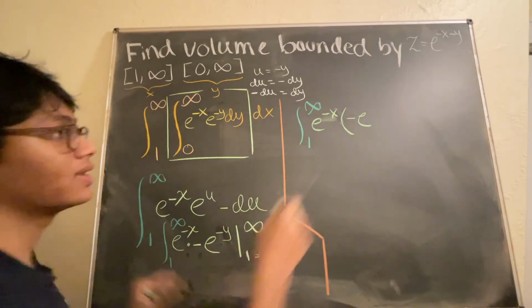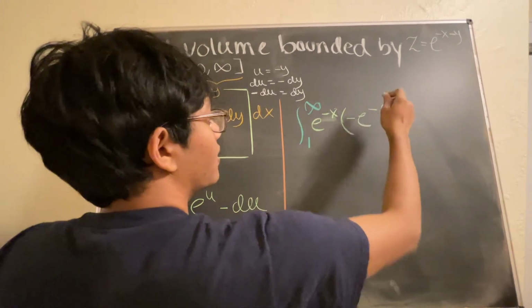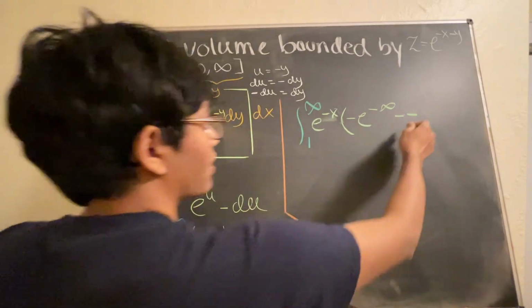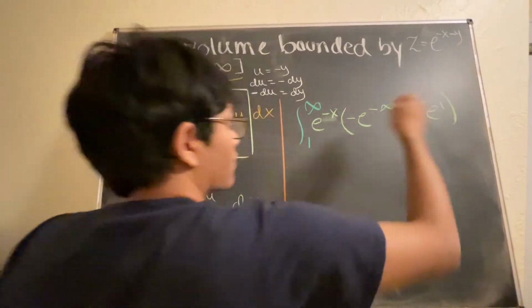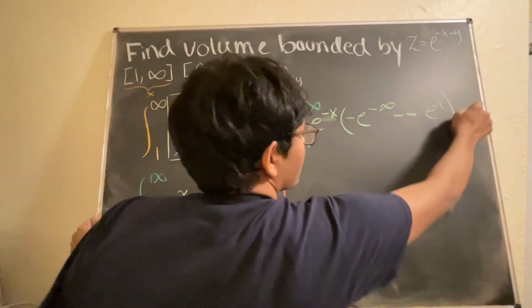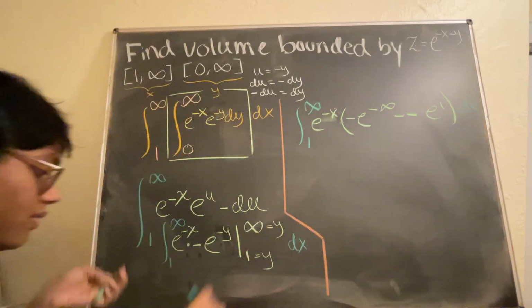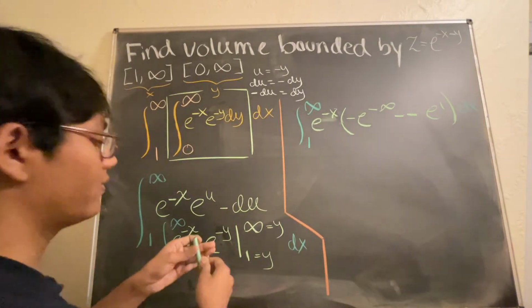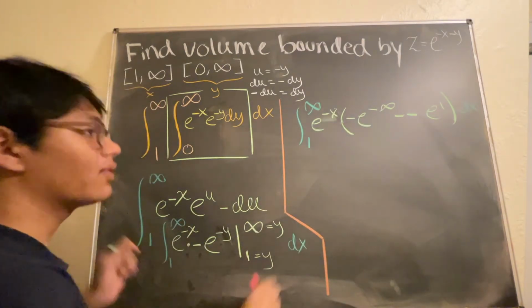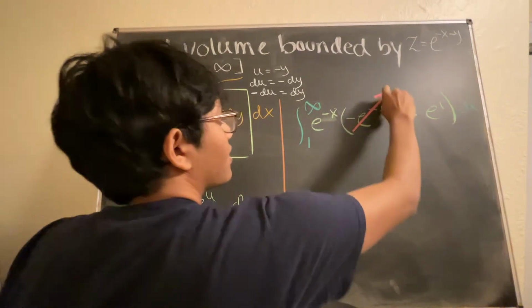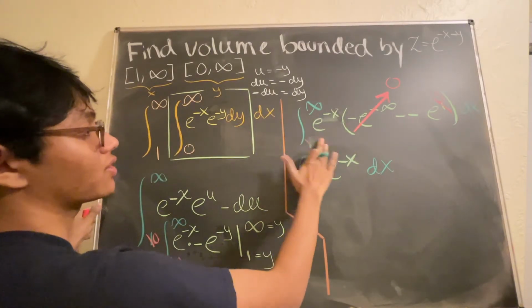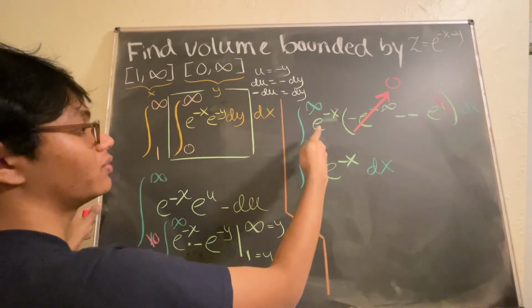So my first y is going to be negative infinity minus e to the 1, and we're going to put dx at the end. So now what do we have? Well, e to the negative infinity, we solved that one before. I think this should be 0, so this should be 1, and this was correct. This should also be 1.